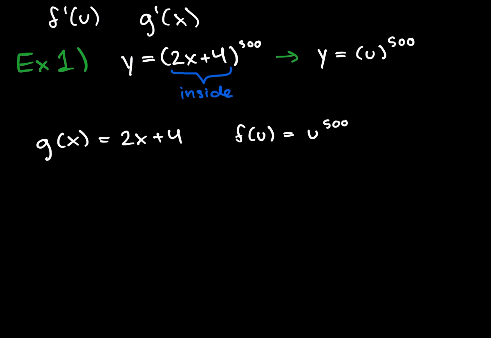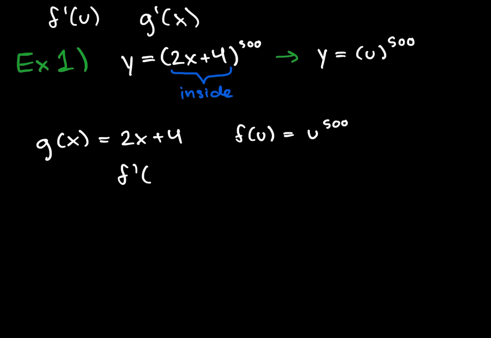When you see anything to an exponent, like 2x plus 4, 3x plus 8, anything like that to the power, you know that this power is the outside of the function, and within these parentheses is the inside. Now, how do we take these f of u and g of x and plug them into our formula?